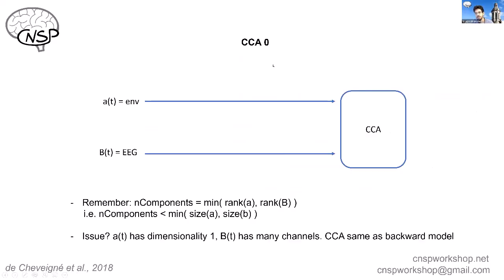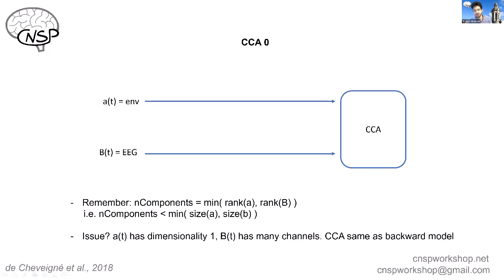This is the first example that we'll see in the tutorial. You get your stimulus and your EEG, and you run CCA on those two. It's not a great way to run this, especially if your stimulus is the envelope, because the envelope has one dimension. Component analysis in this case is going to project your data onto a space that has the smaller of the two sizes.